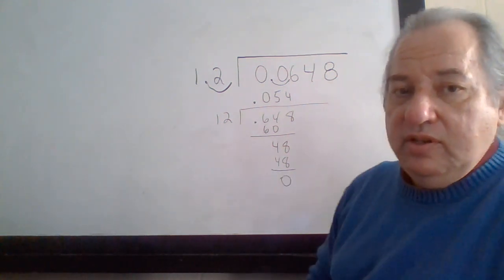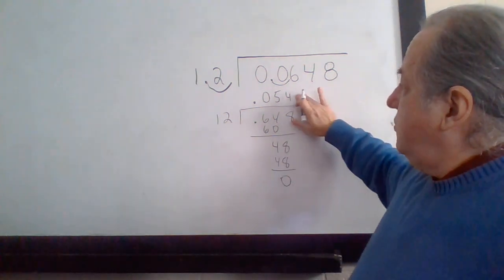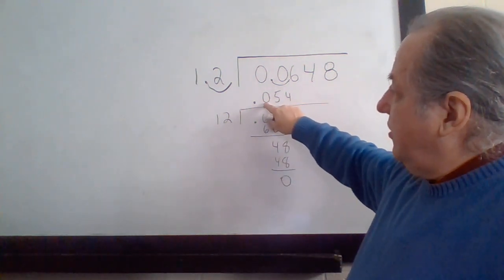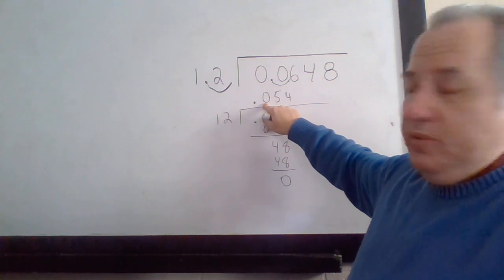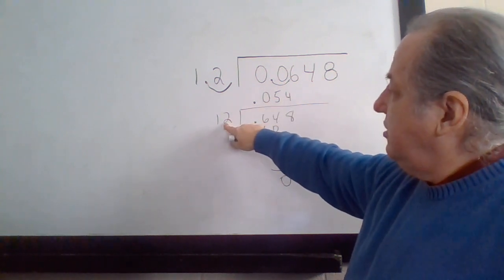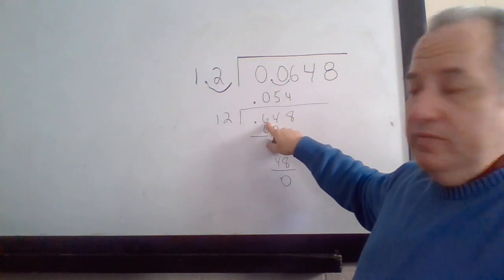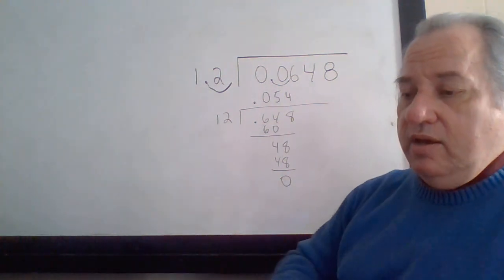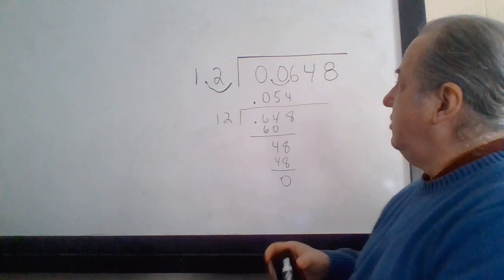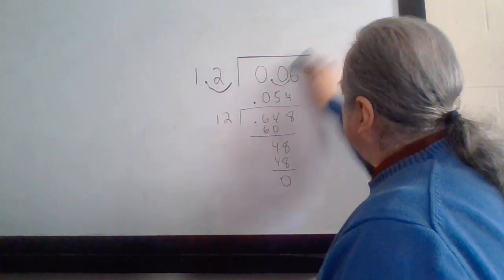So in this example, you had to provide a 0 as part of your place value when the divisor did not go into the first number. So let me give you a problem to try on your own.